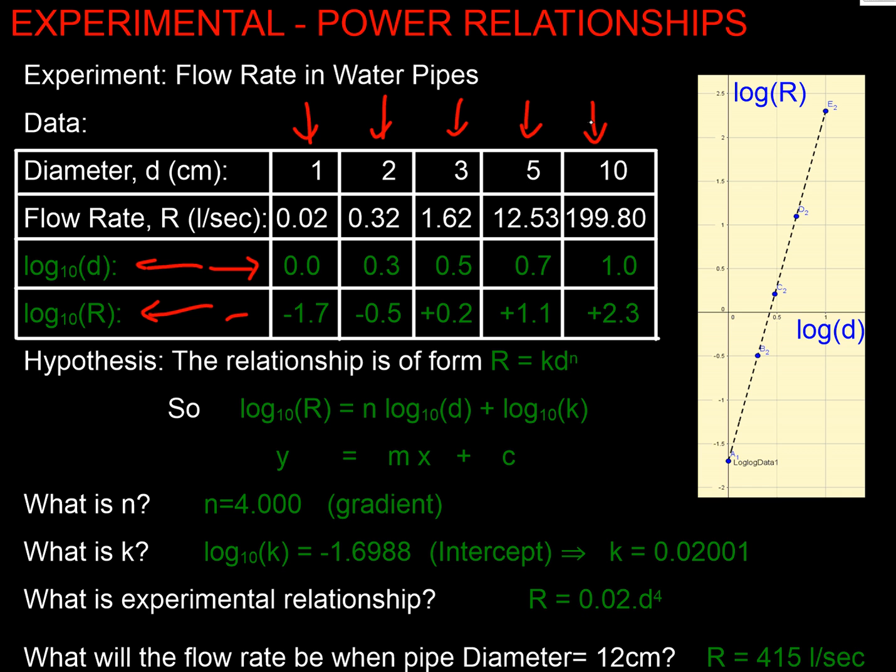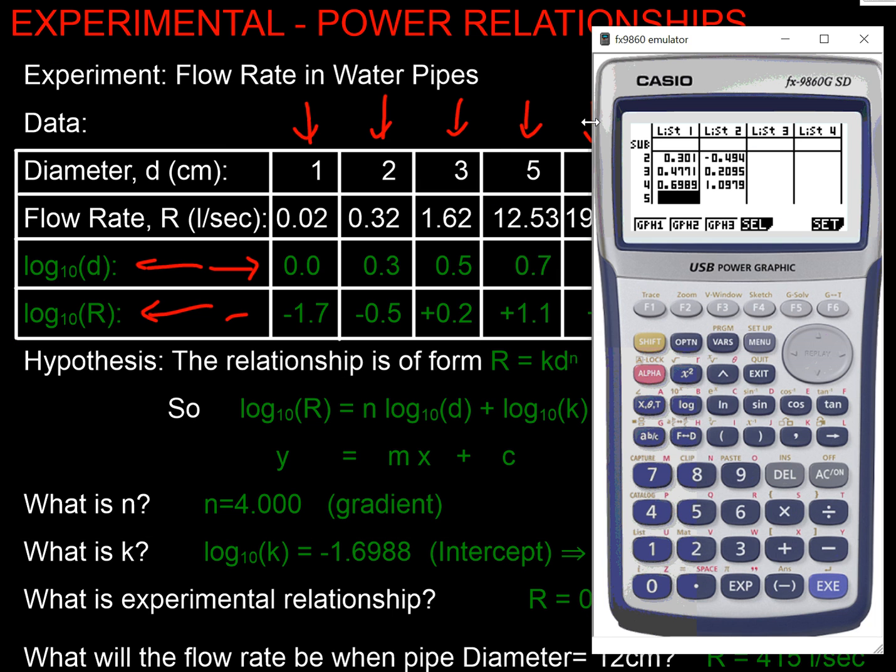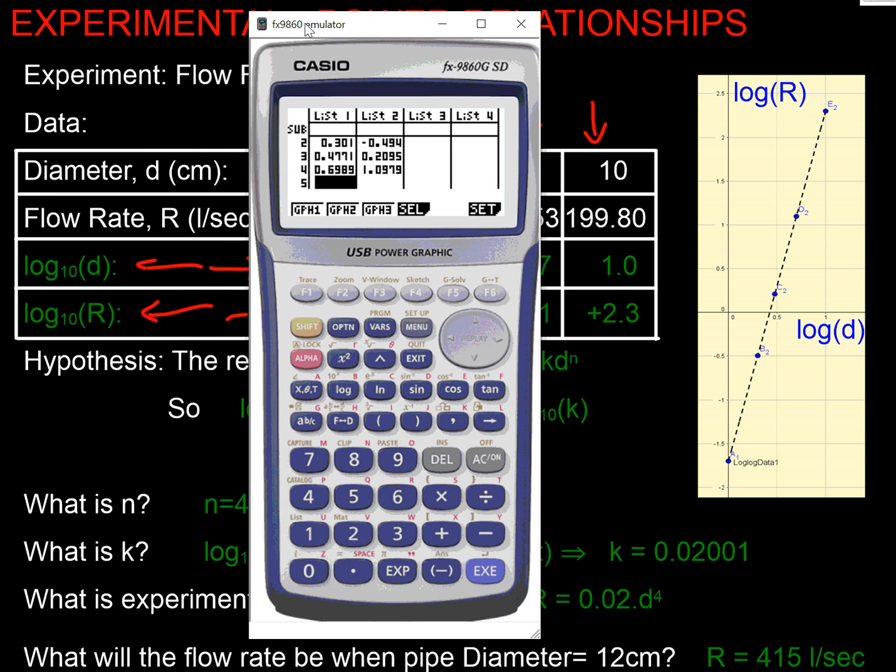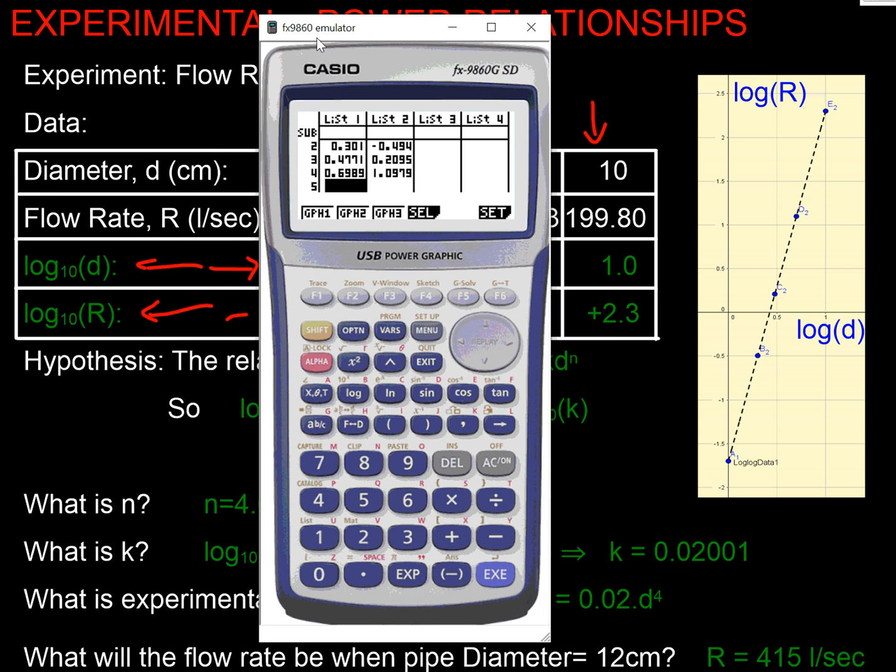Now these days we're going to put that in our calculator, so let's get my calculator up to do my regression analysis. I've put in the values here except for the last one. We need to be clear that we're doing the log values because that's what we're going to graph. So in my x, in my first list, I need all the logs of diameter.